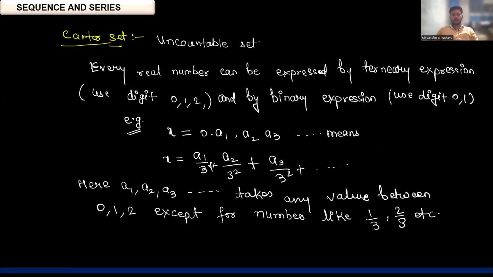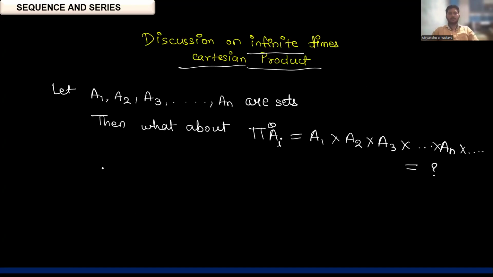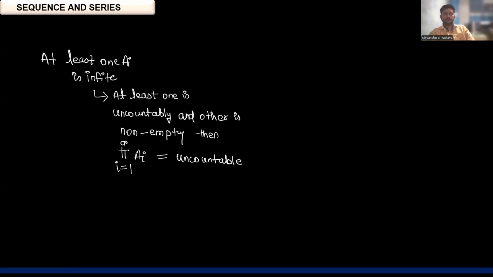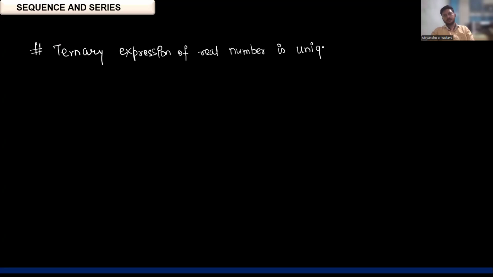So the ternary expression of a real number is unique. Okay. So now consider the closed interval 0 to 1.